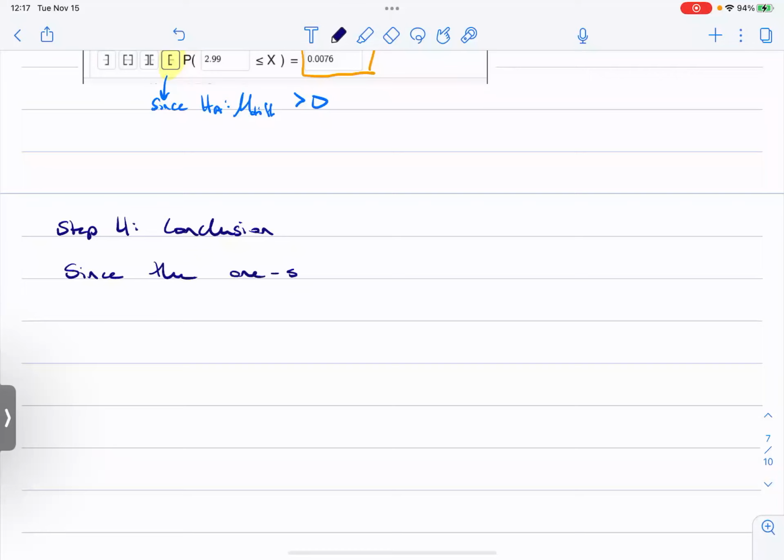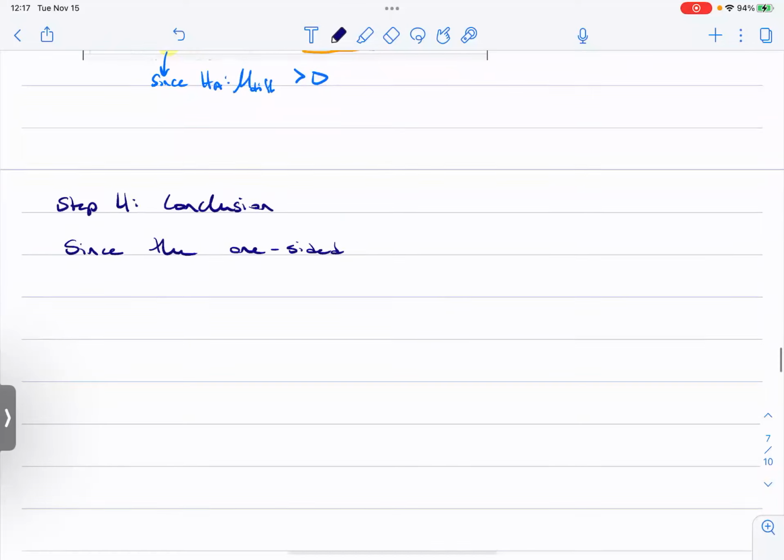Since the one-sided p-value of 0.0076, notice how I'm constantly showing off all the things that I have under control, right? I'm showing off that I know it's a one-sided p-value. I say what the p-value is, okay?